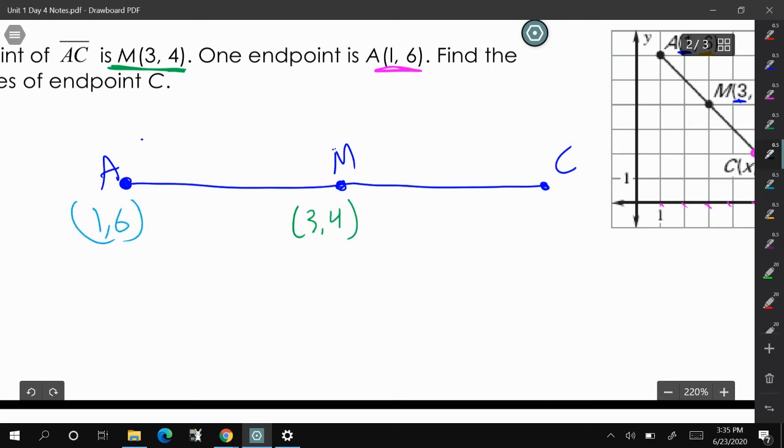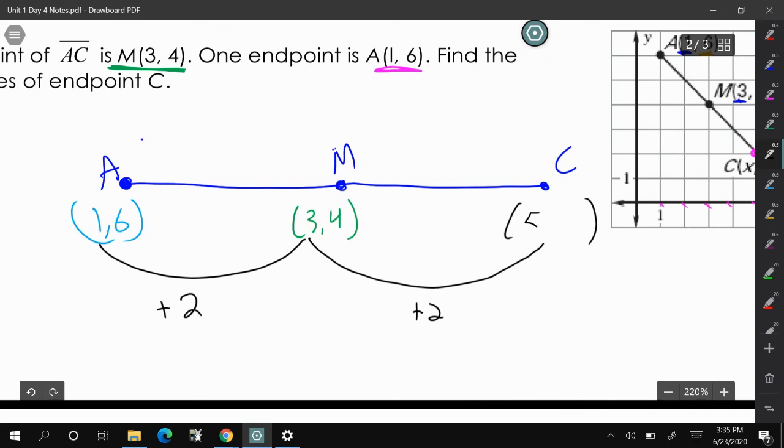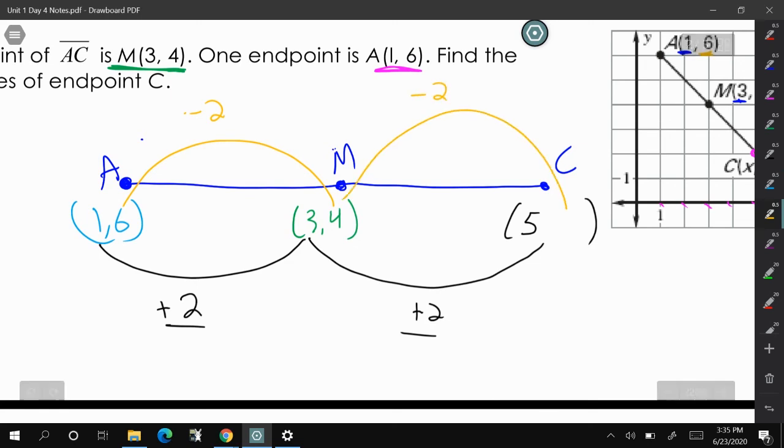So then I kind of do loops and say, okay, 1 plus 2 is 3. And then 3 plus 2 is 5. It should be going up by the same amount in the x direction. And then for the y, 6 minus 2 is 4. We get a minus 2 again, and we get 2.